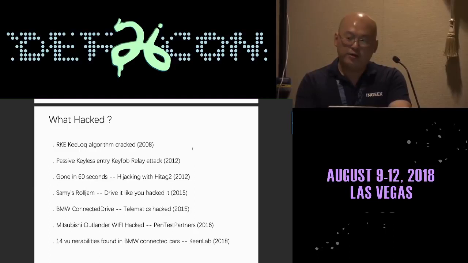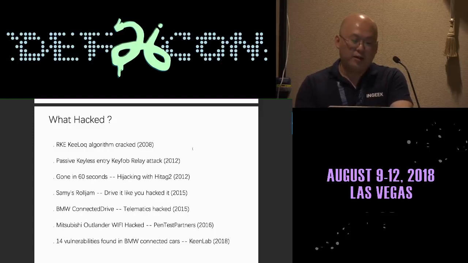For example, in early 2008, the rolling code algorithm called KeeLoq was cracked, and also the transponder algorithm Hitag2 was also cracked, and also Samy, he's our hero as always. He presented a talk at DEF CON a few years ago. Basically, he found a trick called RollJam, that you can use to bypass the rolling code mechanism.